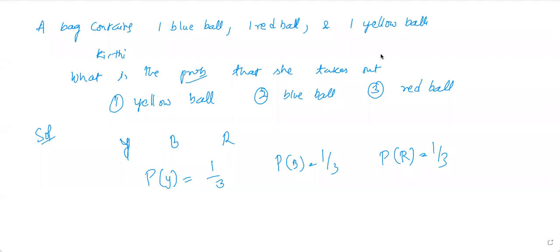An event having only one outcome of the experiment is called an elementary event. For example, getting a head or tail on tossing a coin.